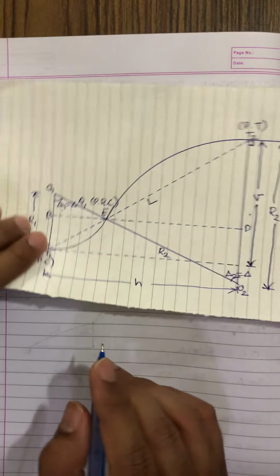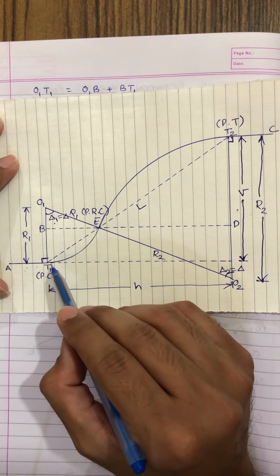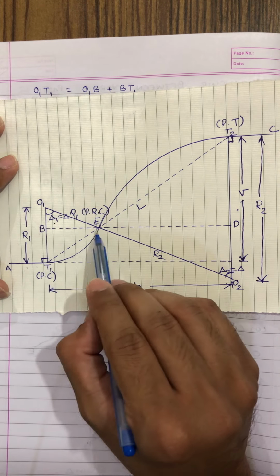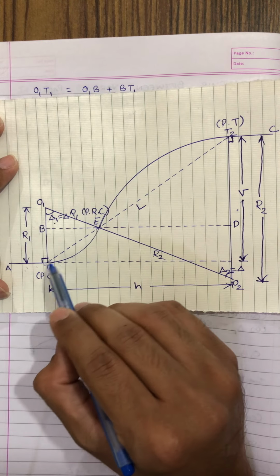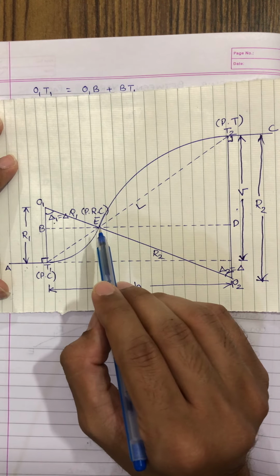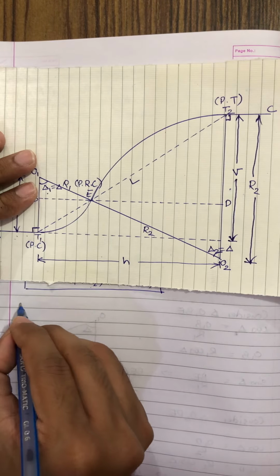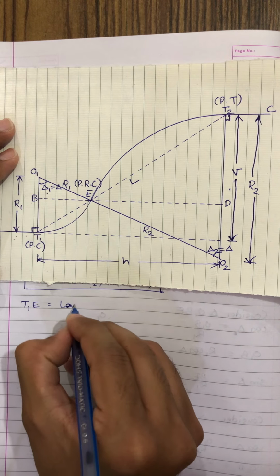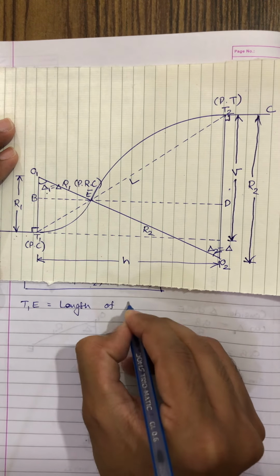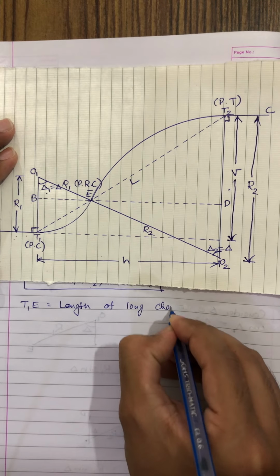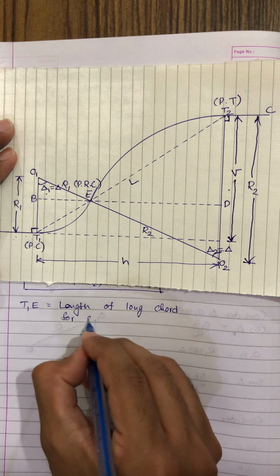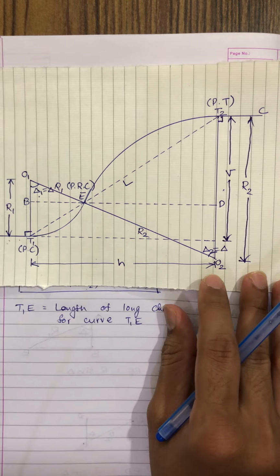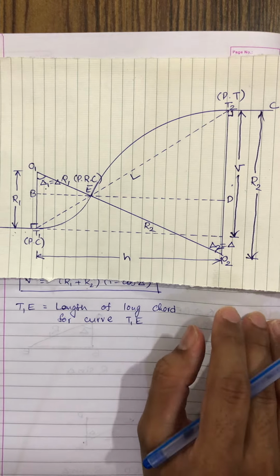Now in this figure, consider this curve T1E. This length T1E is the length of long chord for curve T1E.